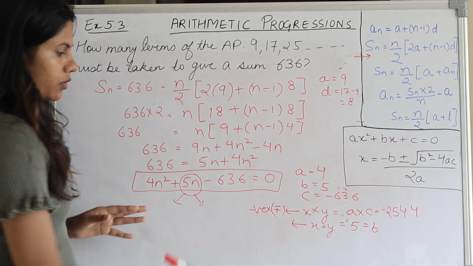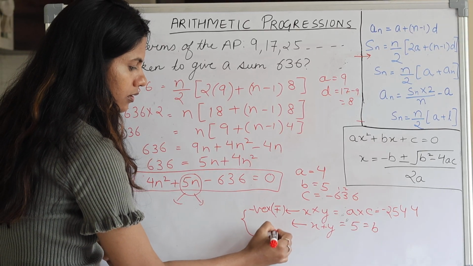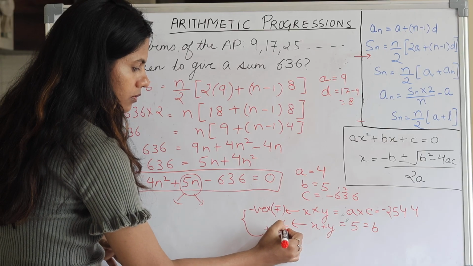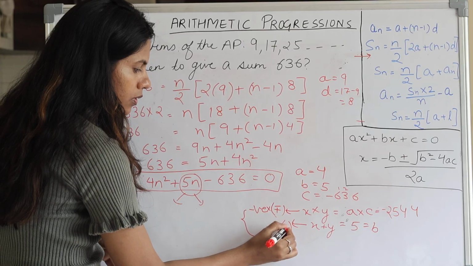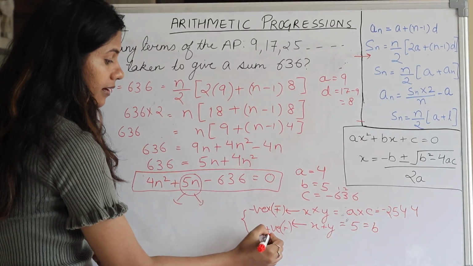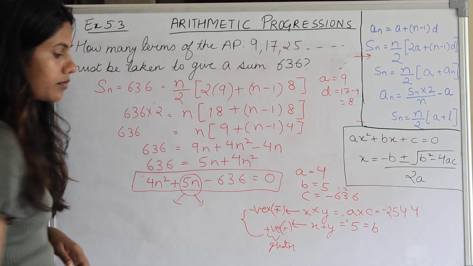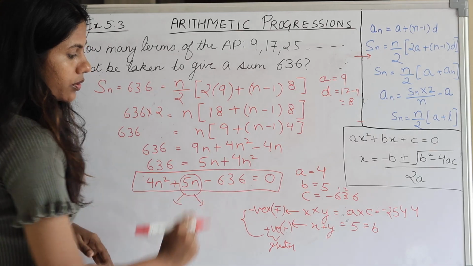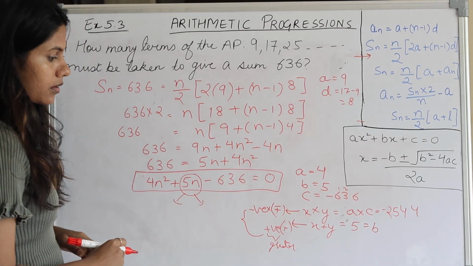Okay, so in total, from here we got to know that one number should be positive and that should be the greater number. And here we got to know that one number should definitely be negative.